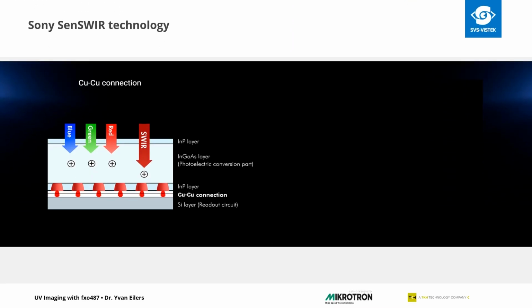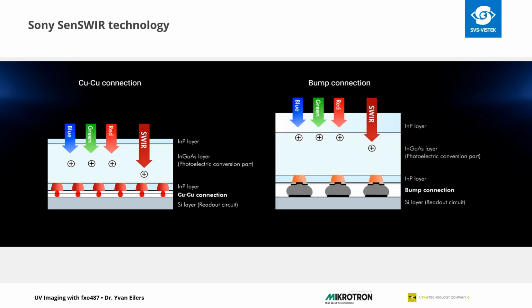SenSWIR is a sensor technology developed by Sony for broadband and high-sensitivity SWIR imaging. It is an indium-gallium arsenide-based sensor that enables finer pixel pitch while maintaining high image quality. To stack the readout circuit to the pixel chip, Sony used copper-copper connections instead of the widely used bump connections shown schematically in the right image.